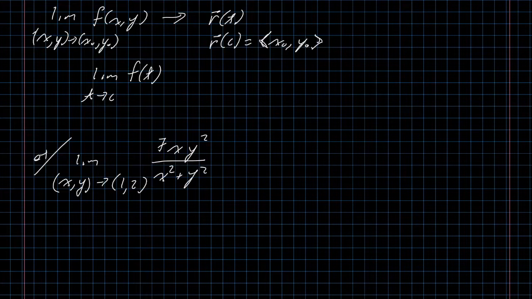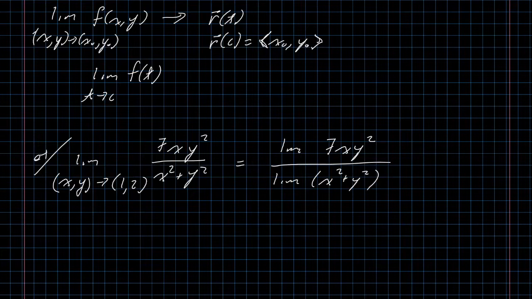Well, because the properties of limits, or the definition of limits, looks so similar to the definition we've used before, it makes sense that we should be able to use the same tools that we've used before. So this limit should be the limit of the numerator divided by the limit of the denominator, provided that those things exist. If they don't exist, then we're going to end up with some trouble.